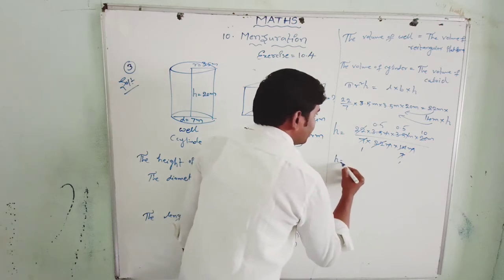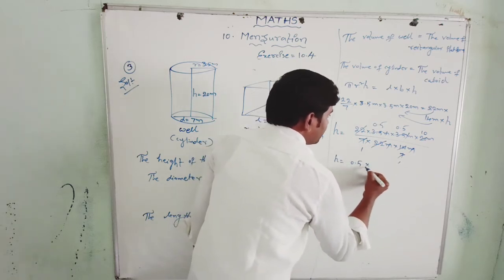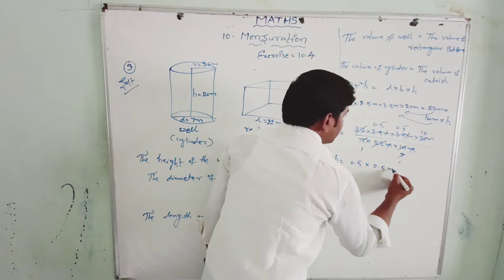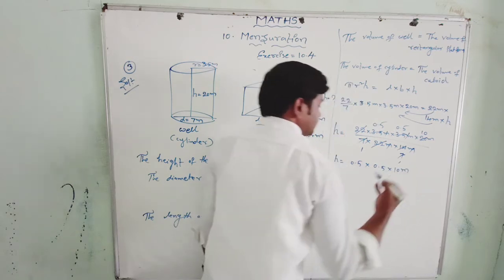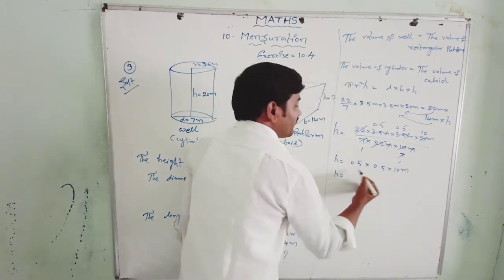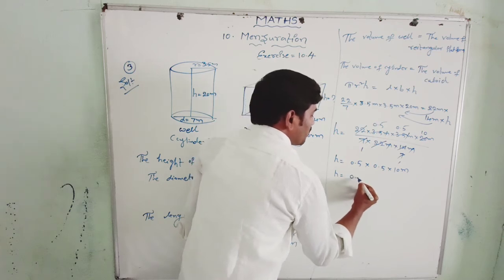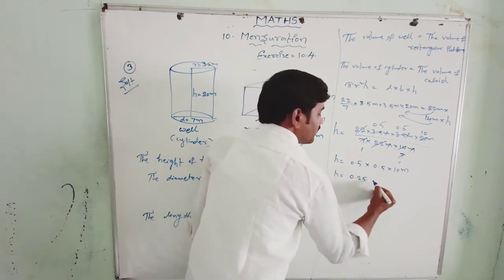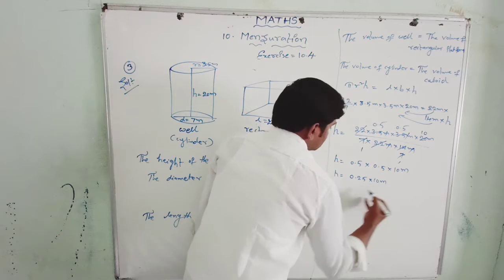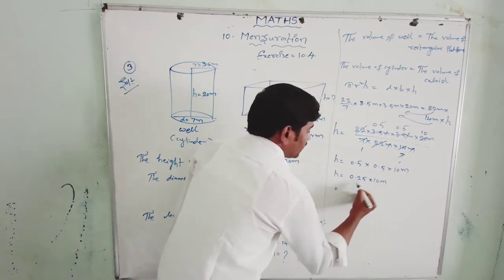So h equal to 0.5 into 0.5 into 10 meters. 0.5 into 0.5 is 0.25, into 10 meters, nothing but it is 2.5.